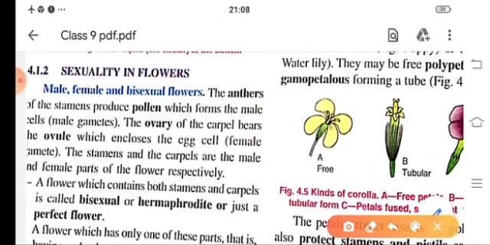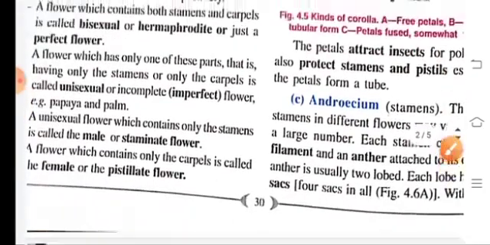Now the stamens and the carpels are the male and the female parts of the flower. So if the flower has both the male and the female parts, it is known as bisexual or hermaphrodite, or just a perfect flower. So what is a hermaphrodite flower? That means male and female, both parts are present on the same flower.